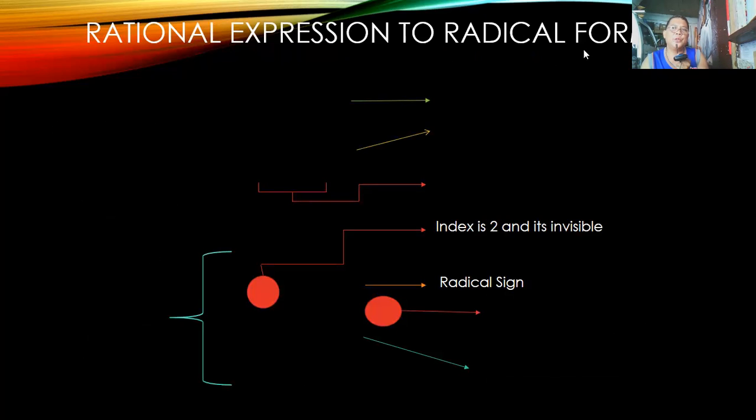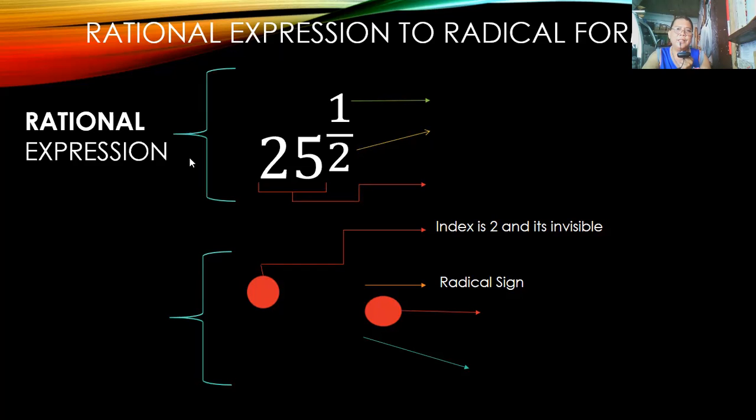Rational expressions to radical form. So from rational expressions, we are going to transform to radical form. Okay. So rational expression, just like this one, 25 raised to 1/2. The exponent is a fraction, the rational expression. Your number 1 remains the exponent.